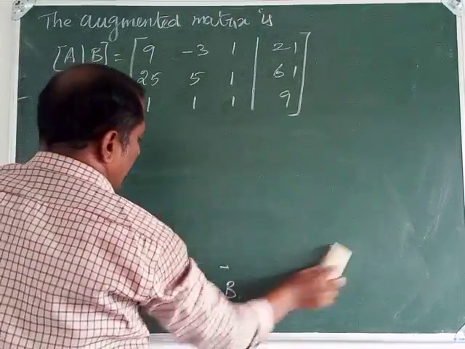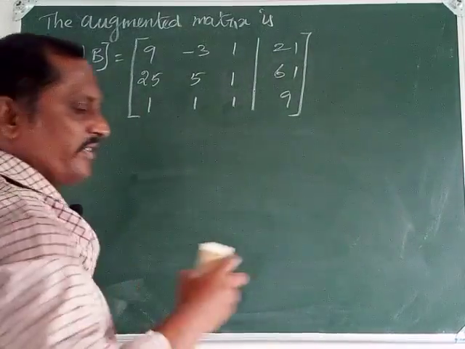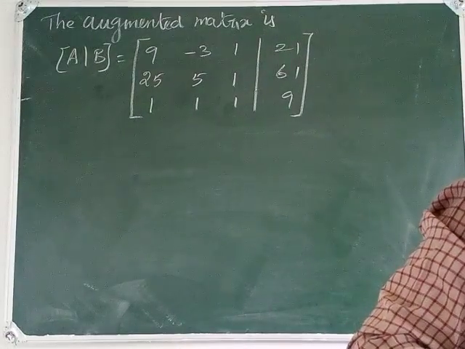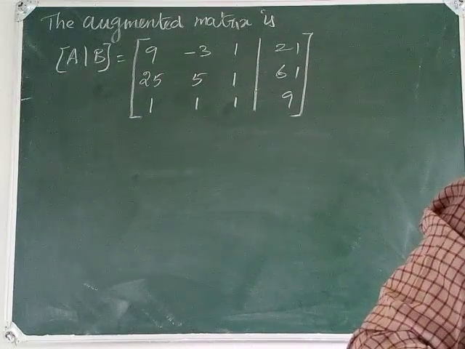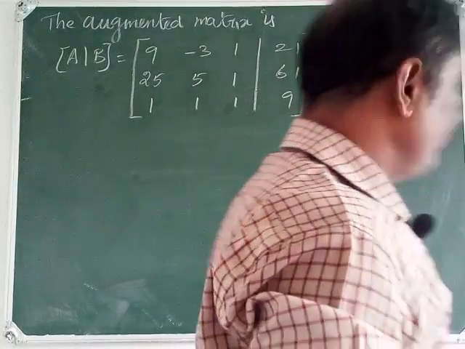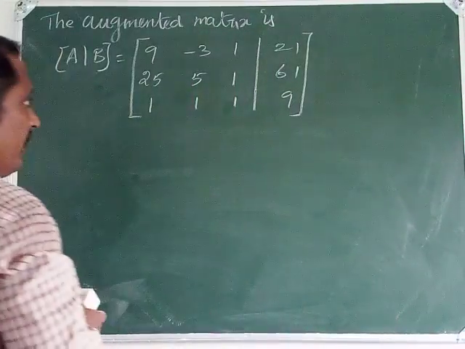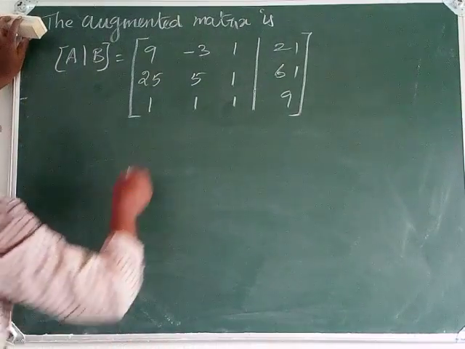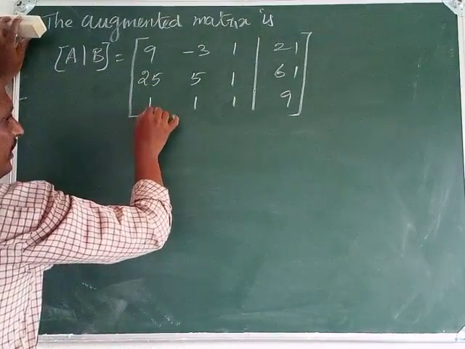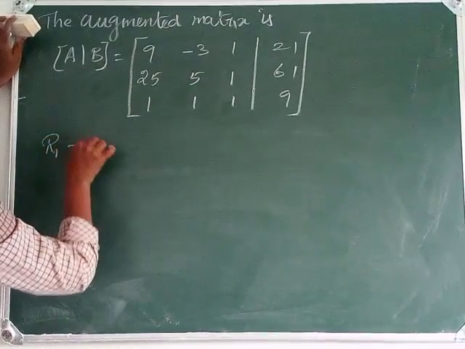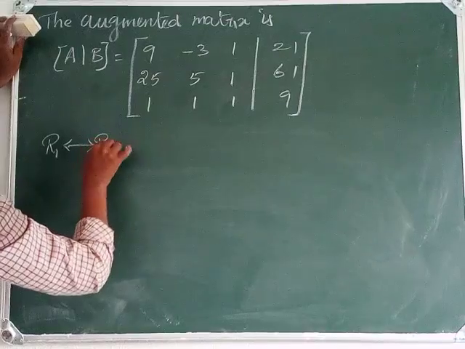Next step, we have to apply the elementary transformation. Applying the elementary transformation, this is converted into some format. Very easily, this number is a base number, so we have to interchange the first row and third row.